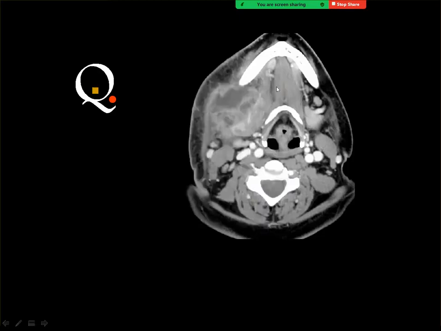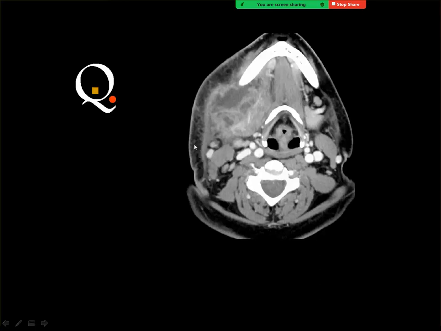Calcular sialadenitis, you do not see a stone here. This is actually the left submandibular salivary gland, and the right one is involved by this mass of heterogeneous enhancement. In order to differentiate between malignancy and inflammation, which are almost similar together, you should look for the subcutaneous fat.